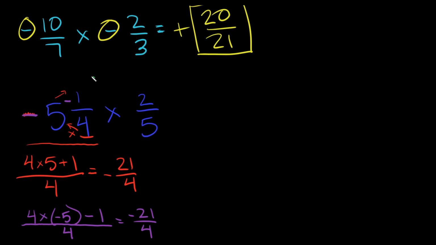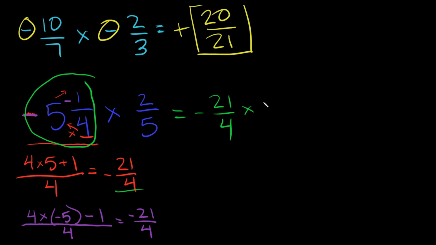Okay, but now we can rewrite this mixed number as a fraction. So let's rewrite it. So we got negative 21 over 4 times 2/5, right? And again, how many negative signs do we have? Well, we just have the 1, which is odd, so our answer is going to be negative, right? So what's 21 times 2? That's 42. What's 4 times 5?